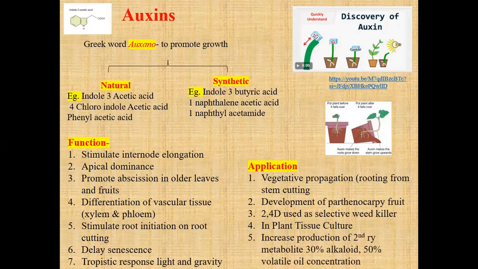Next is the increased production of secondary metabolites. 30% more alkaloids are found as compared to the normal, and 50% extra volatile oil concentration is found in the plant where we apply it, in the case of plant tissue culture or the normal plant.